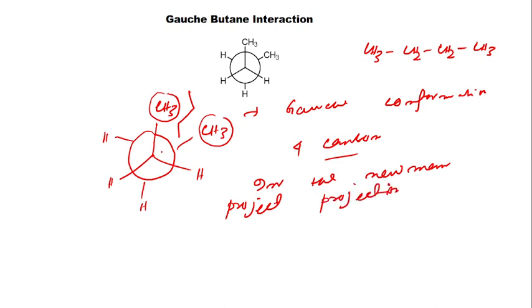What I am calling butane-like is because here it is butane. Later I will show that if it is not butane, but considering 4 carbons, there will be mixed kinds of interactions.